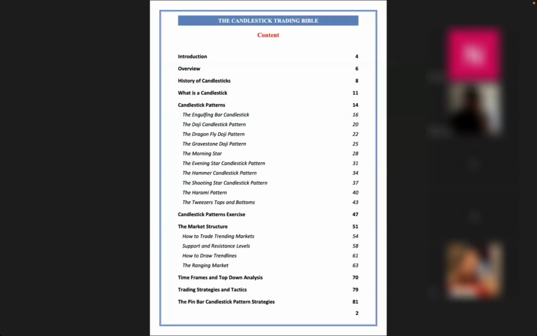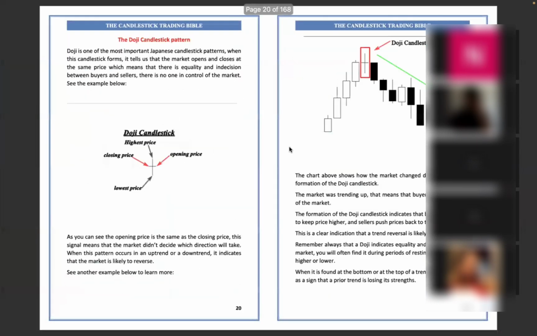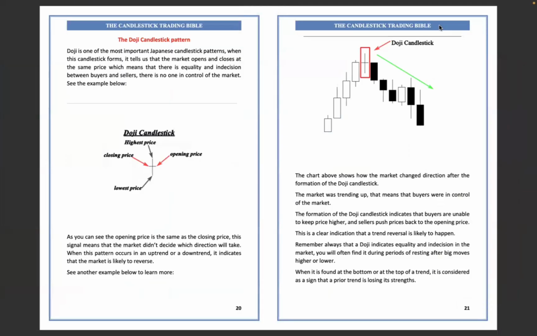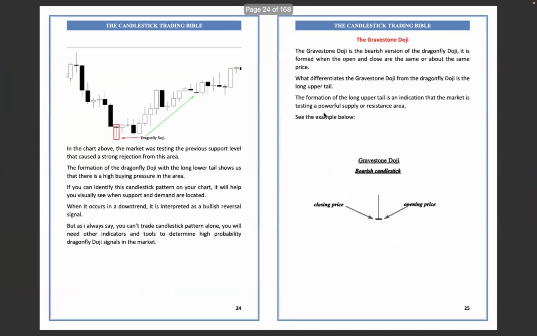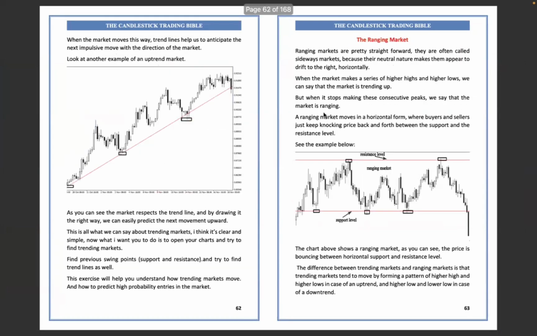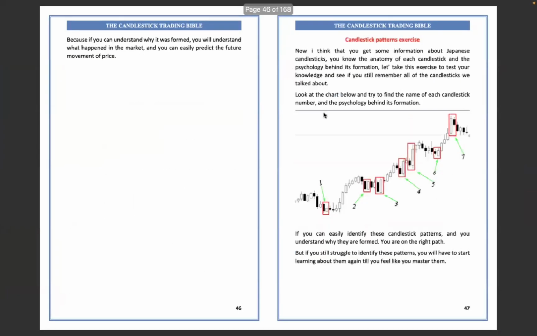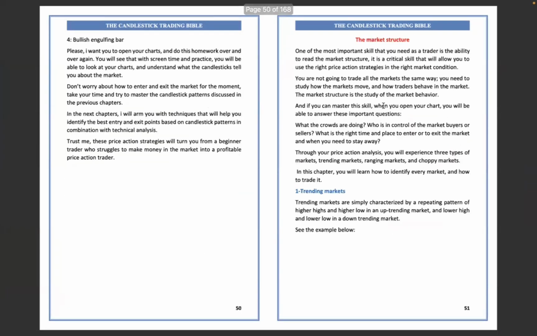Okay, so let's go into it. Okay, so we're here. All right, market structure.